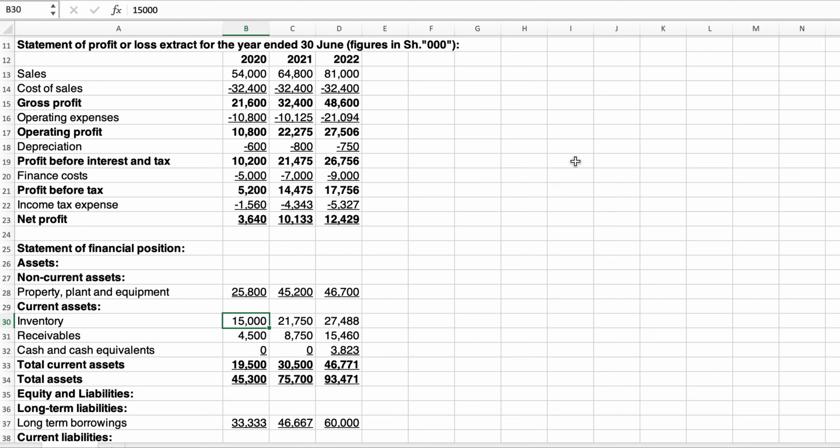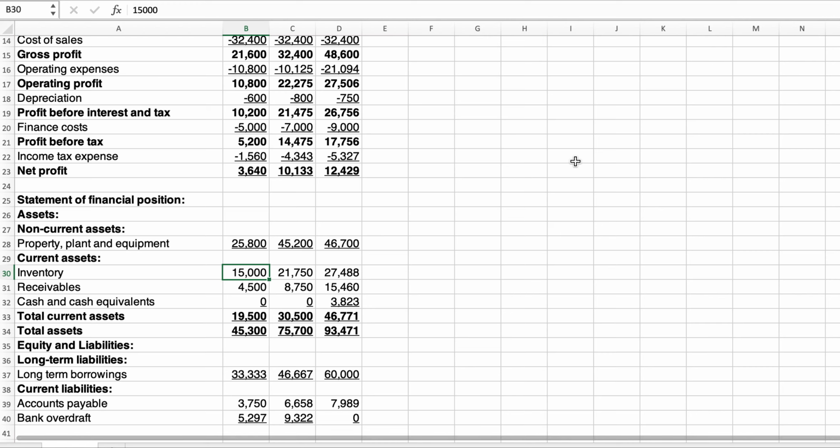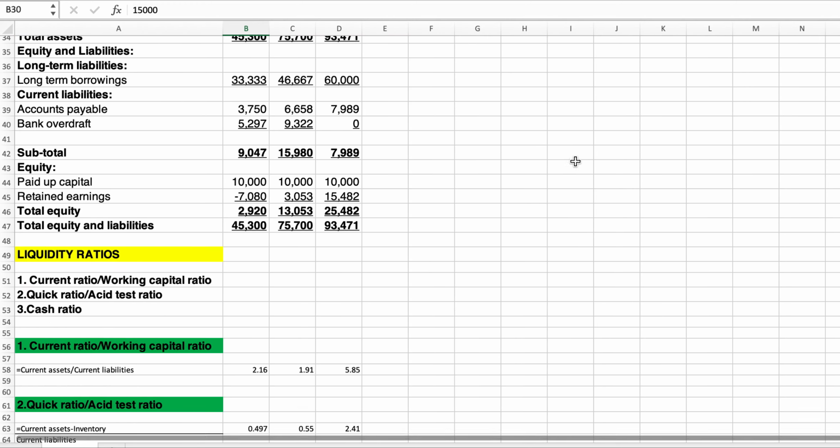So we will not calculate the average inventory because we have not been given the opening or the closing inventory for the year 2019. I think that's a very important point to note.